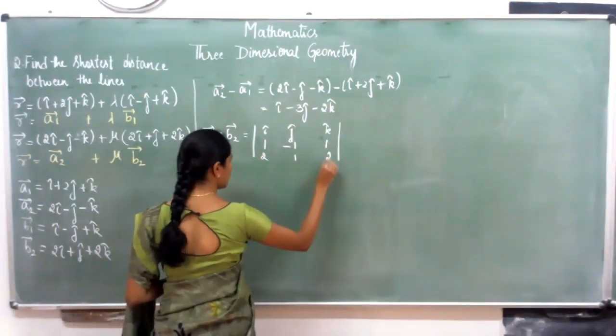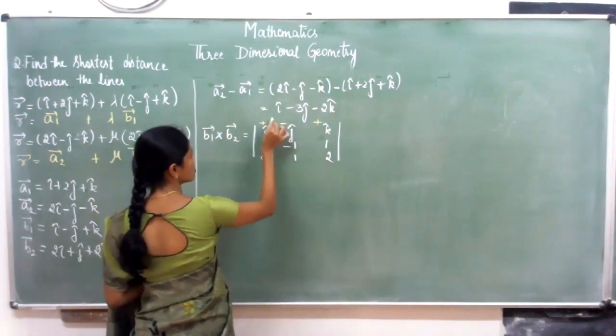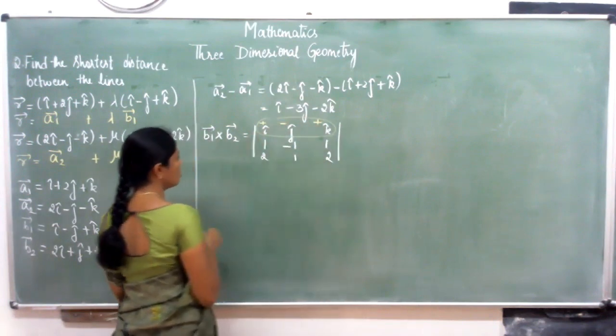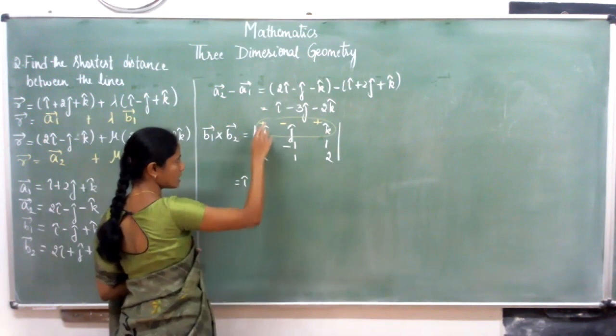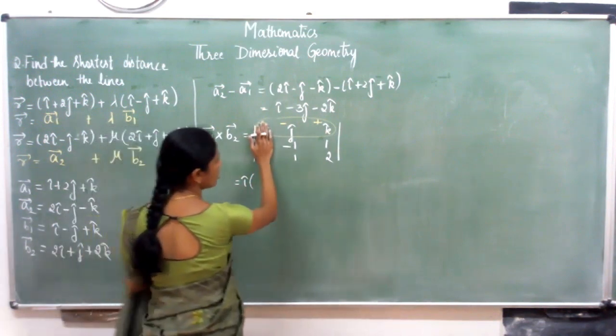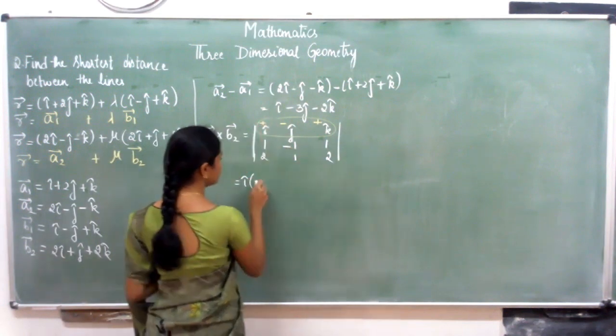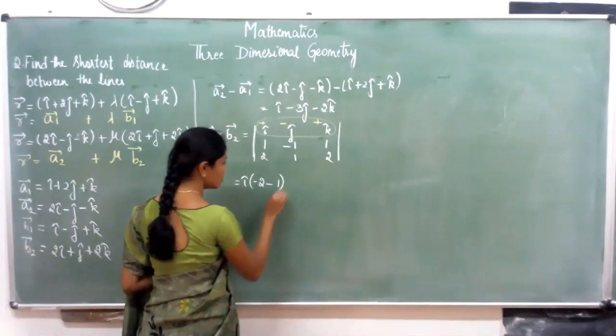Here the signs are plus, minus, plus. When you consider expanding along the first row, i cap into, now neglecting the first row and the first column, we get minus 1 into 2, which is minus 2, minus 1 into 1, which is 1.